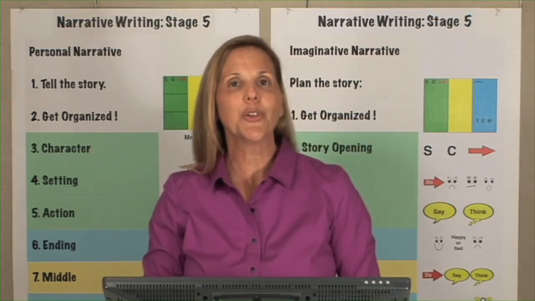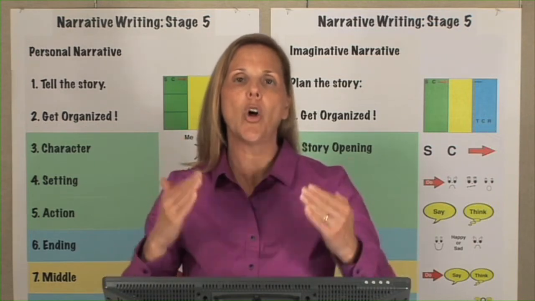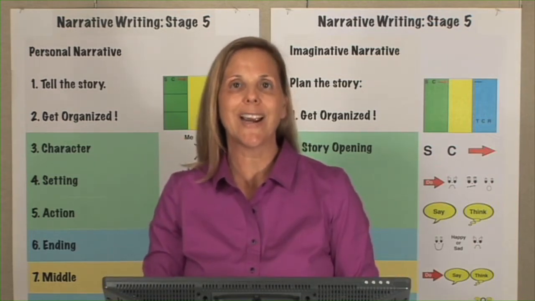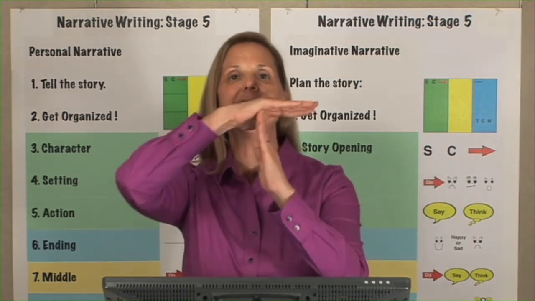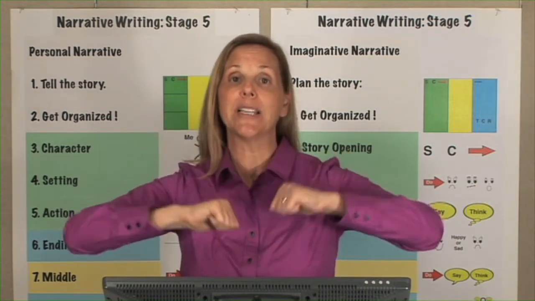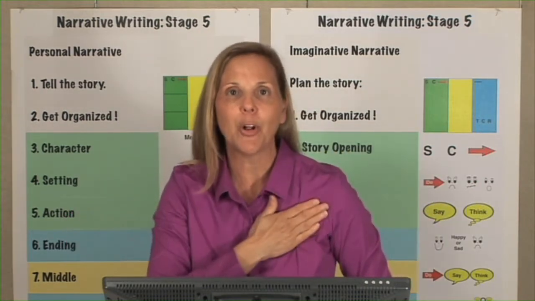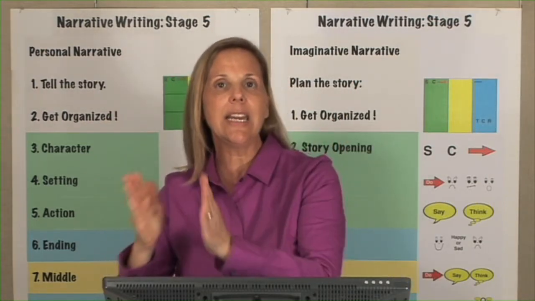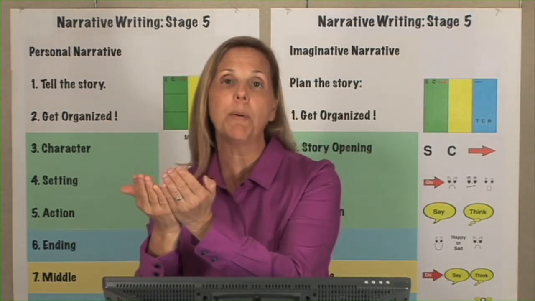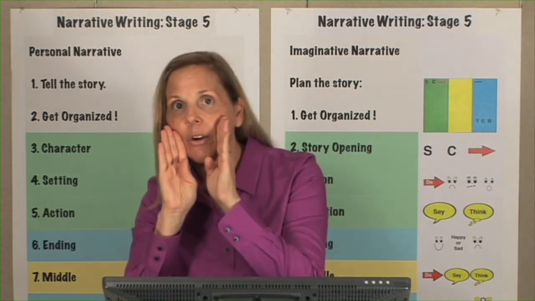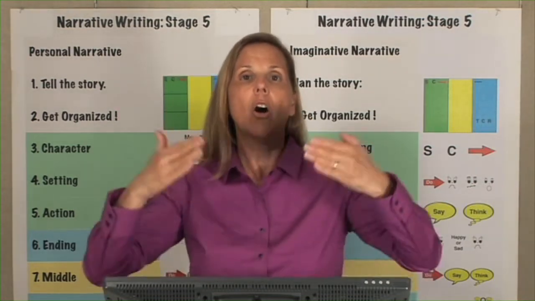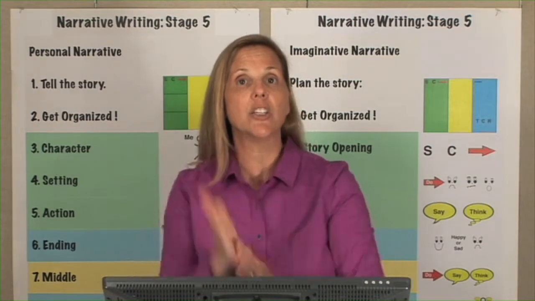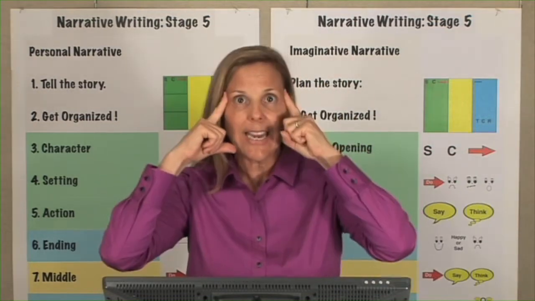Let's learn our personal narrative chant so we know what all the parts of the story are when we're writing. A personal narrative is a true story about myself that's memorable. It has a beginning, middle, end. In the beginning is a story opening, SC arrow. In the middle are actions, actions, actions where I do, say, and think.